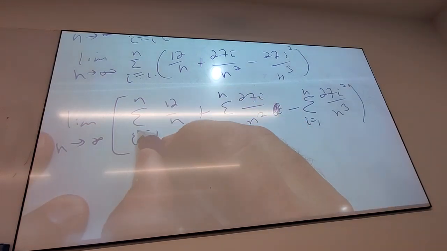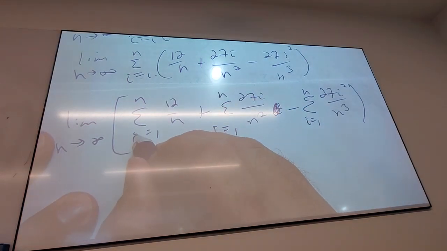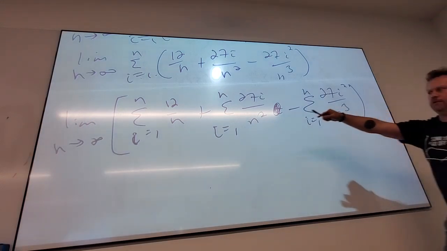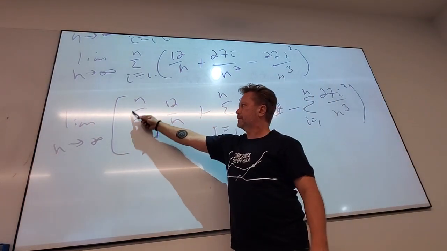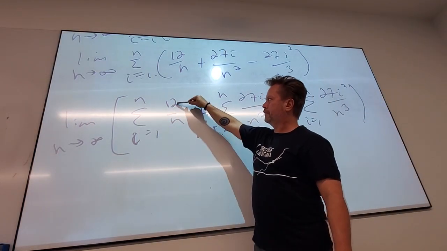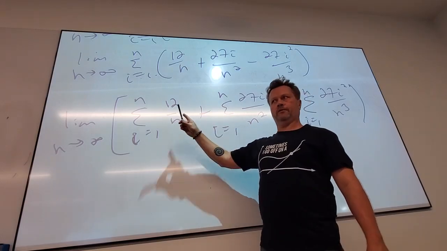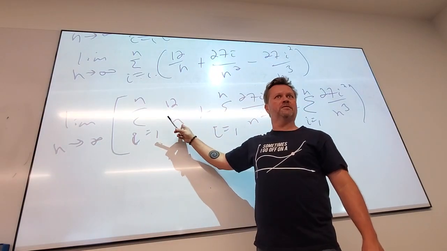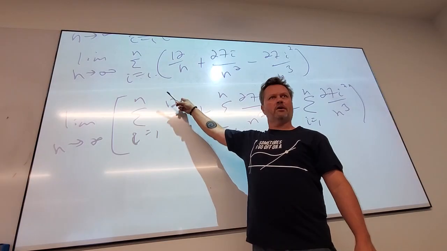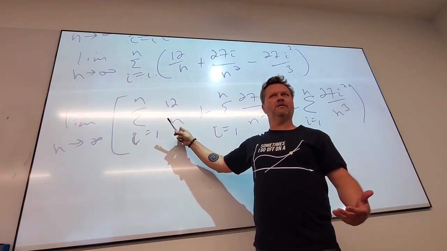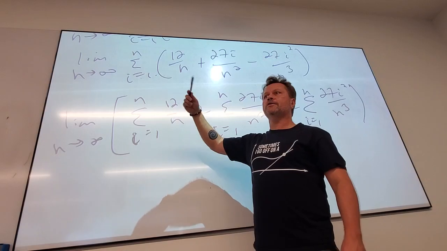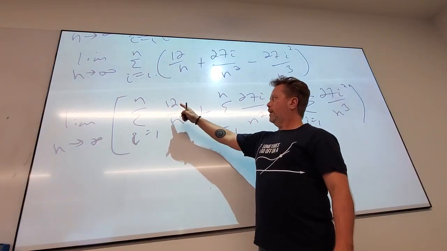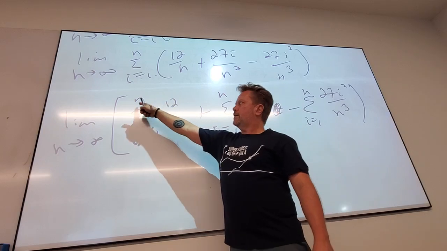Now, see if you guys are cool with this. What's the first term of this? 12. What's the second term? 12 over 2. What's the third term? 12 over 3. You guys kind of with me? So doesn't every term have a 12? Any constant I can take out.